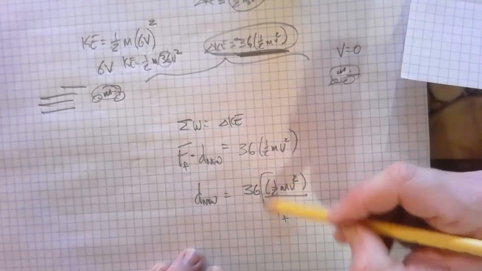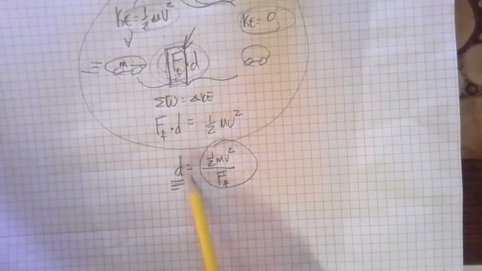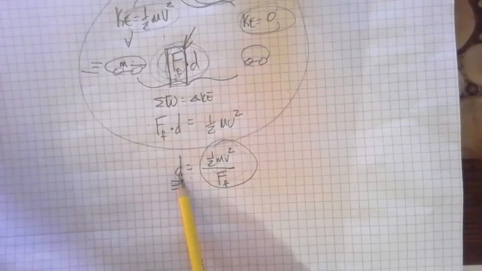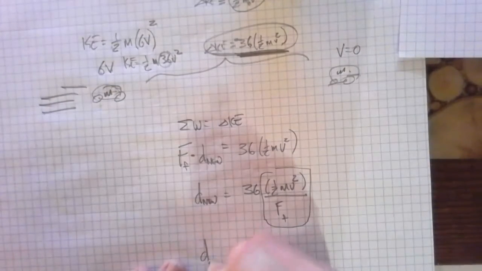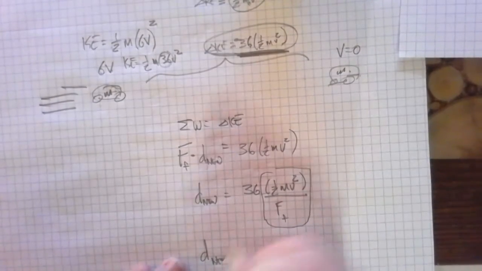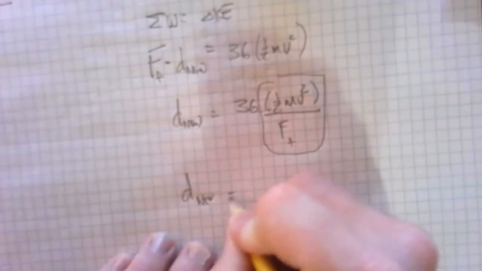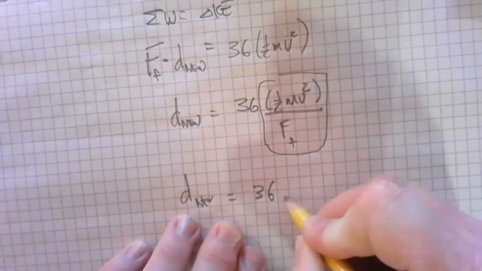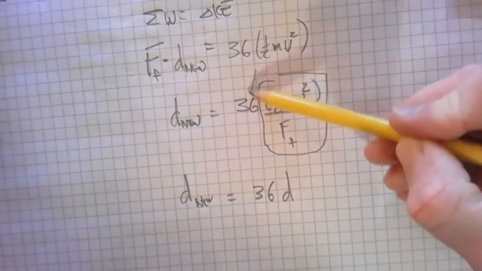But all of this right here is just the old stopping distance, the original one, when I was only going at v. So now my new stopping distance is really 36 times my old stopping distance. So that factor of 36 shows up.